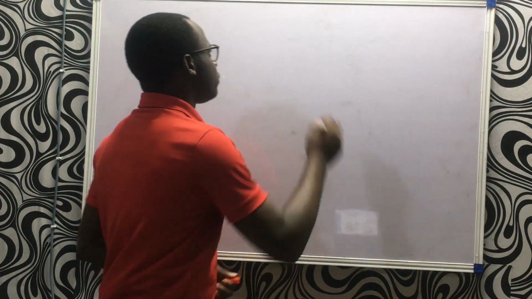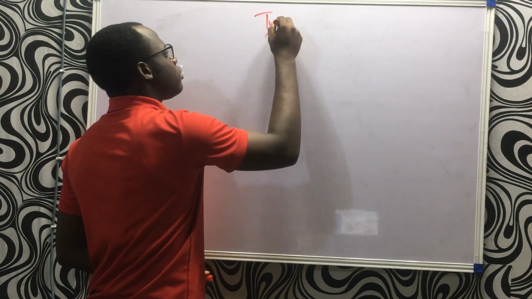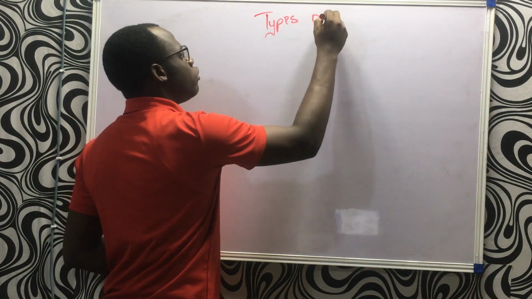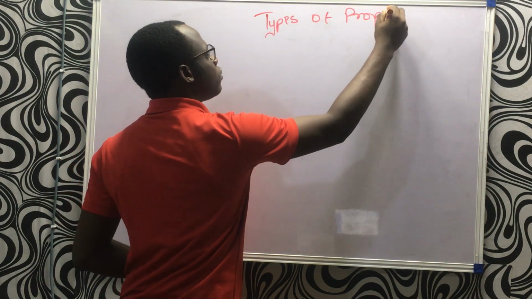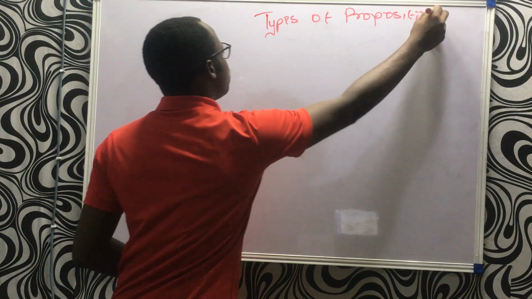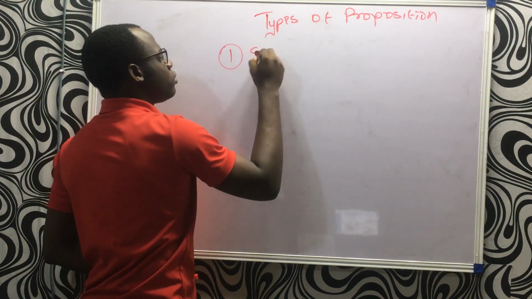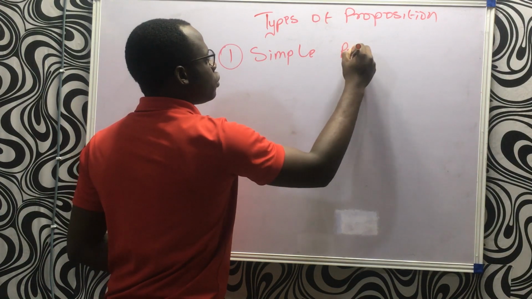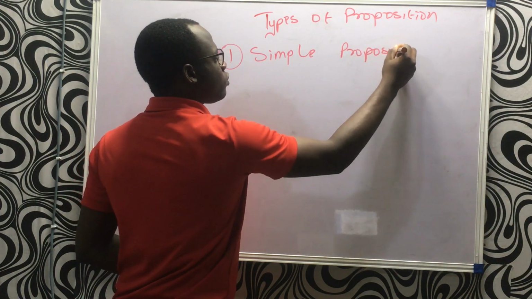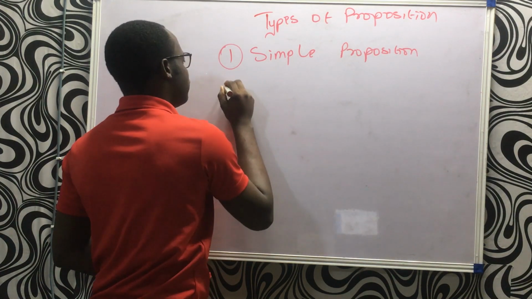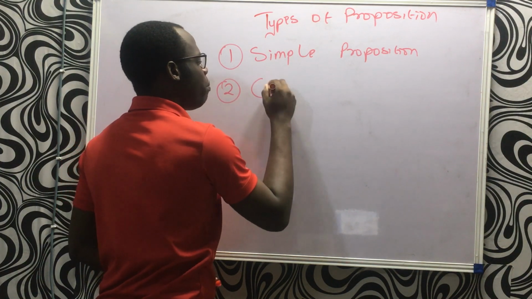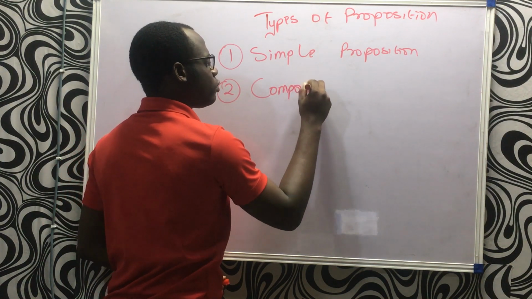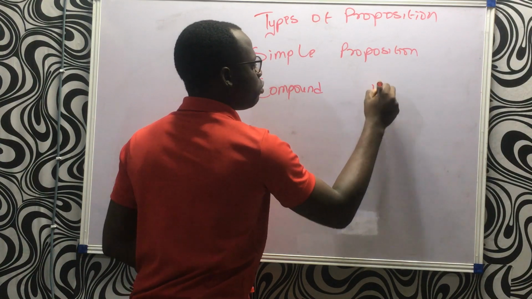Now let's look at the types of propositions. We have the simple proposition, and we have the compound proposition.